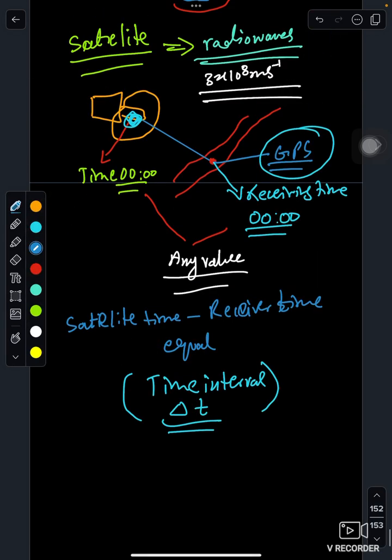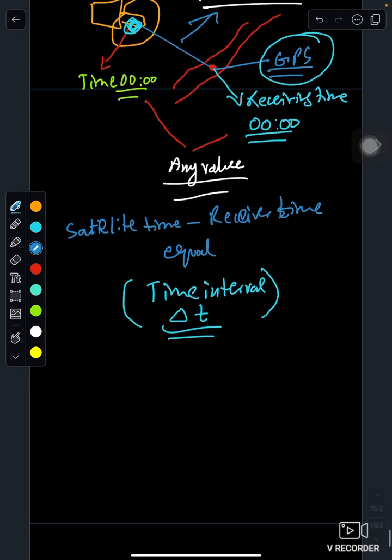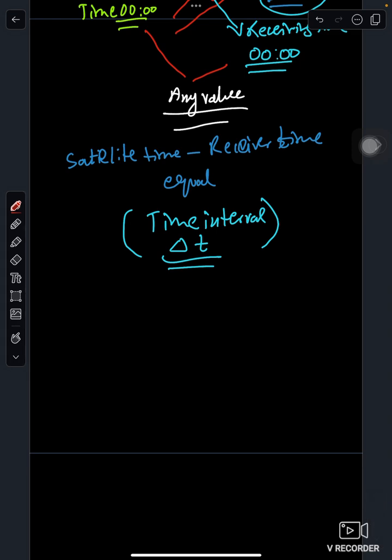We already know the speed the waves are traveling at: the speed of light. So we use the formula c times delta t, where c is the speed of light. This formula gives us distance.